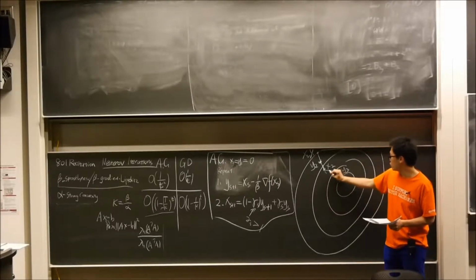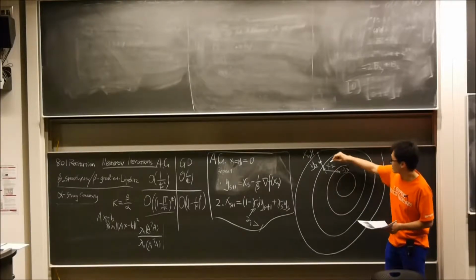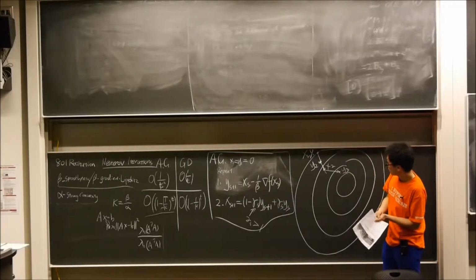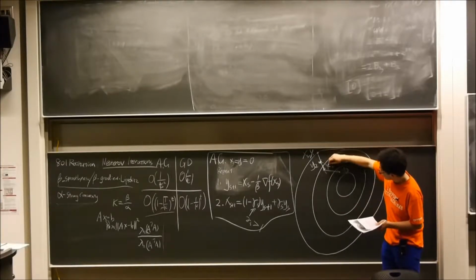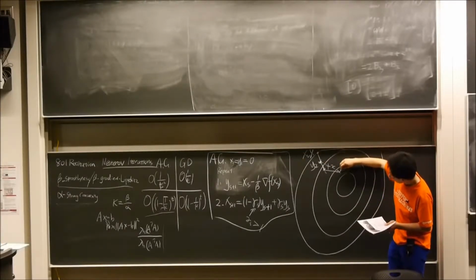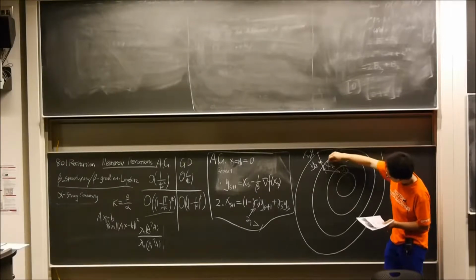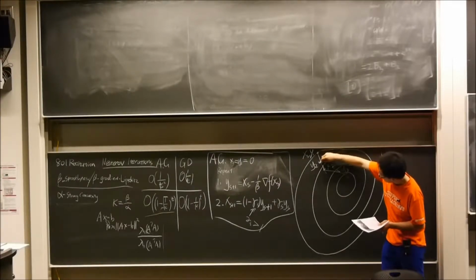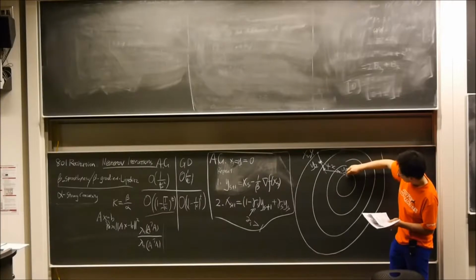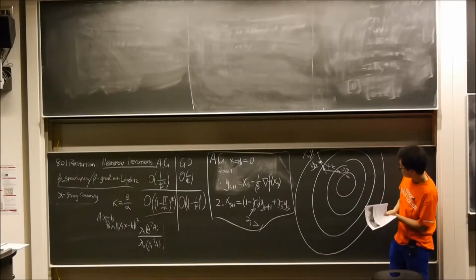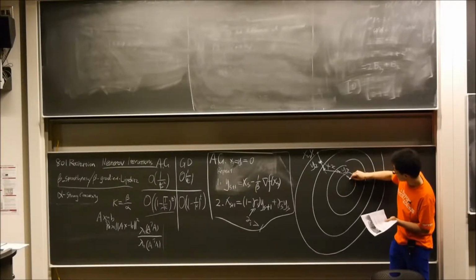Now, instead of moving along the same direction, the second step is along this direction from this y to here. And we call this point x3.